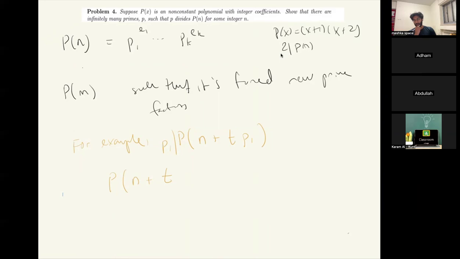I could have given better examples, something like p of x equals 3x plus 3. But there are other examples too.